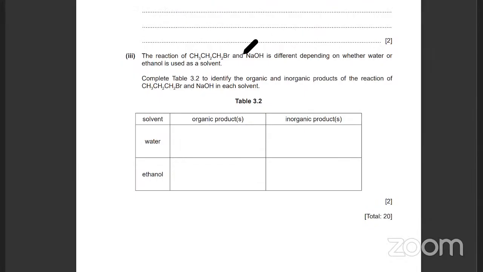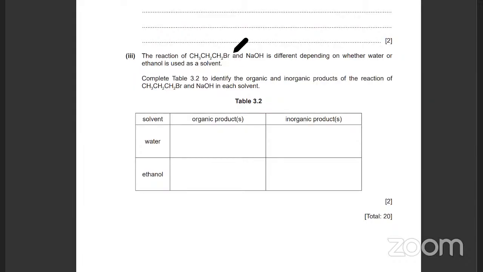The reaction of this with NaOH, that's nucleophilic substitution, is different depending on whether water or ethanol is used. Identify the organic and inorganic products of the reaction. What happens in each solvent? In the case of aqueous, the Br will get substituted, right? Yes. So what are the 2 products that are going to be produced?